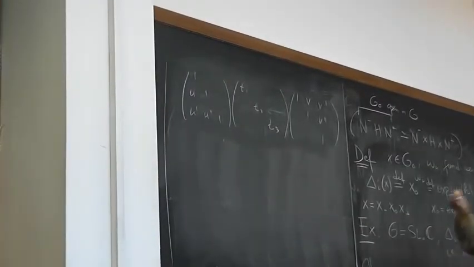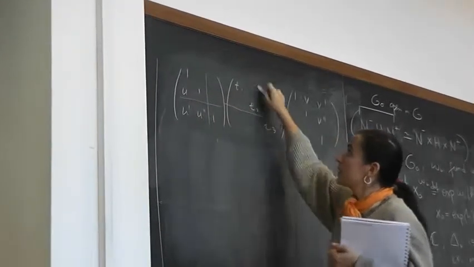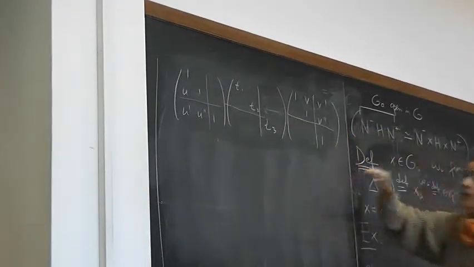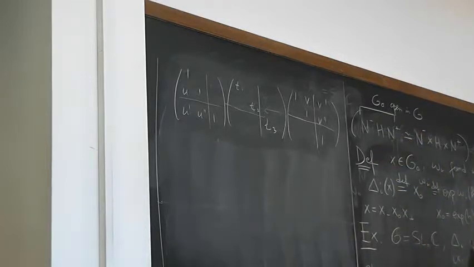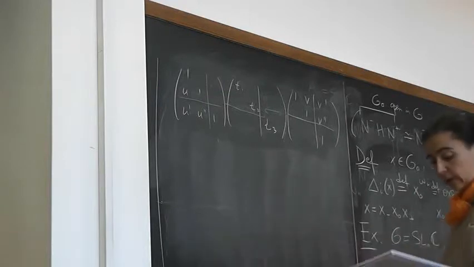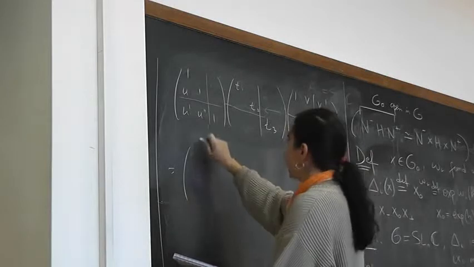And the reason, if you think of it, is that it's the same calculation as before. If you multiply these matrices, you will find out that the principal minor is really T1 times T2. It will come out something like this, okay?